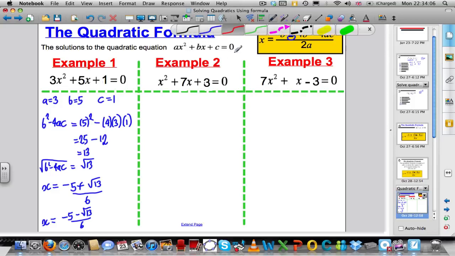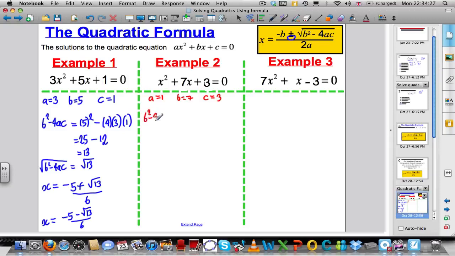What was step 1 again? Oh yeah, write my a, b and c. I've got one lot of x squared here, so a is 1, b is 7, and c is 3. Very first line always. Then I'm always going to work out this discriminant, b squared minus 4ac.